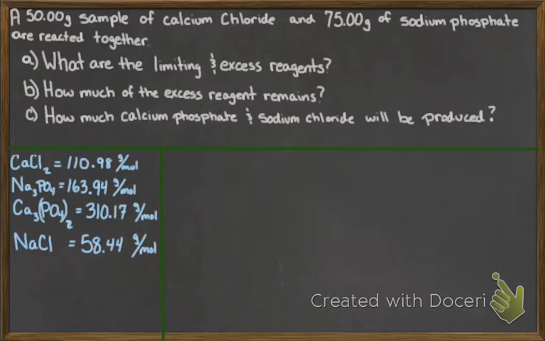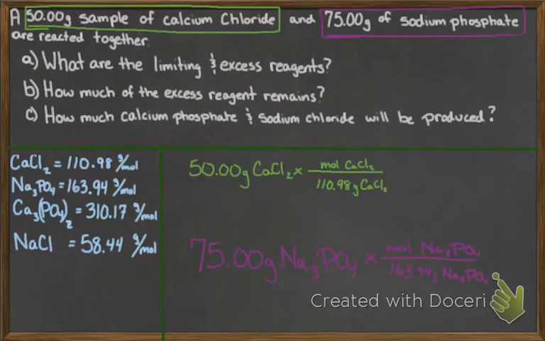Just to make it simple, make sure that you write them down because we will use them for this example and the next. So the first thing that we need to do is convert the masses that we're given to moles. So let's take a look at the two that we're given. We set up our conversions for calcium chloride and sodium phosphate.